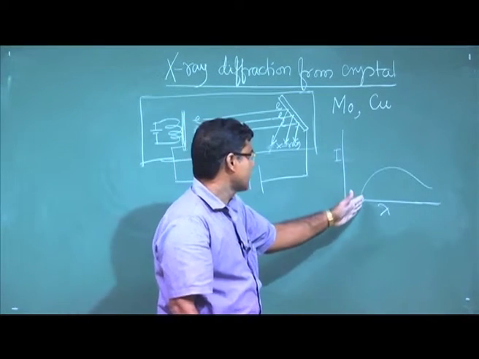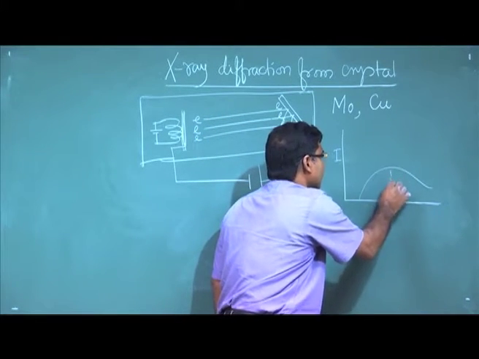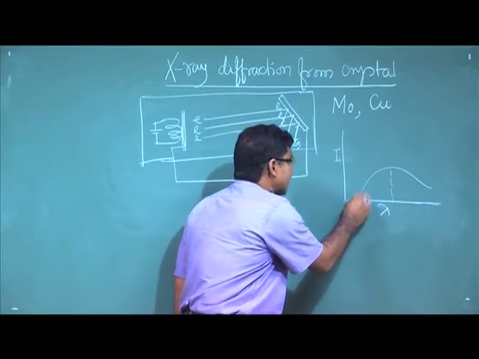So, its intensity is maximum at a particular wavelength, but simultaneously it has a minimum wavelength.